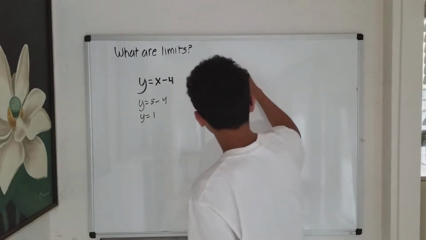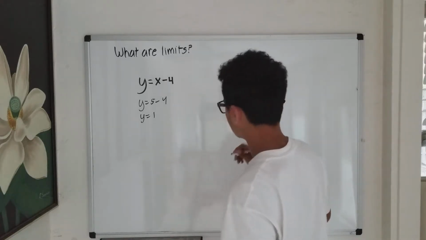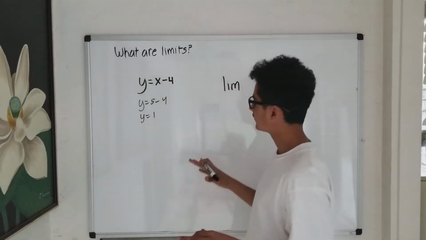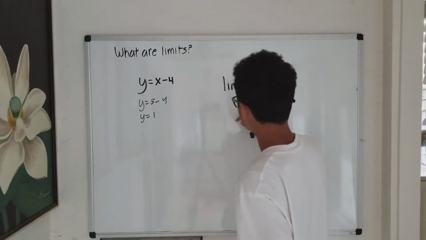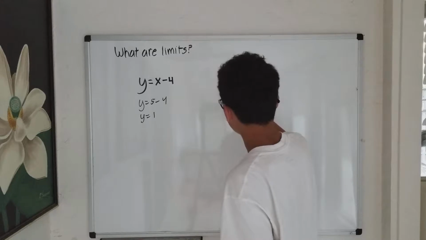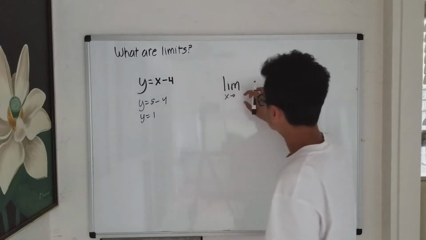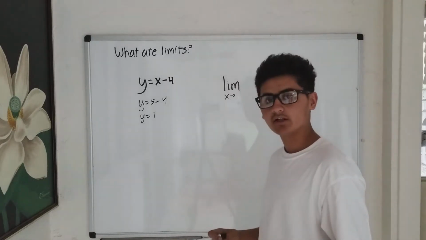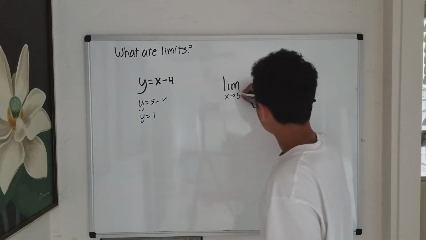We would write LIM, meaning limit. I hope you understood that by now. LIM stands for limit. Under it, we're going to write x, arrow, meaning approaching, and then we're going to give it a value. I said we want it to be approaching the value of 5, so here you would write 5.